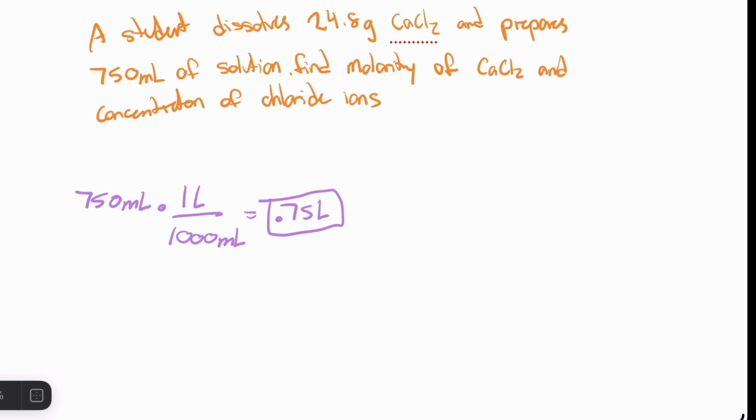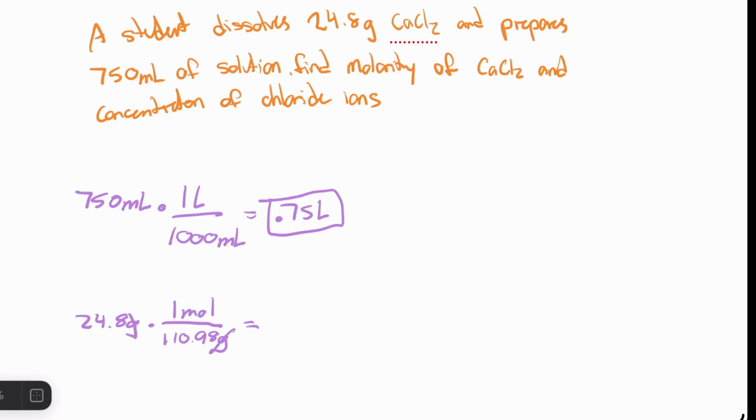We know we can do that grams to molar mass conversion. We have 24.8 grams. And the molar mass of calcium chloride is 110.98 grams per mole. That's going to be 1 mole on the top and 110.98 grams on the bottom. Again, so our grams cancel out.